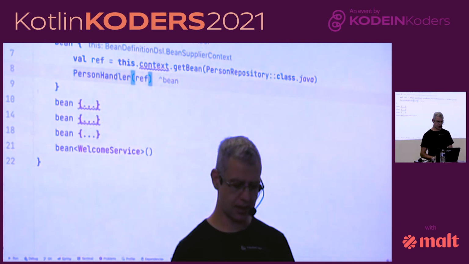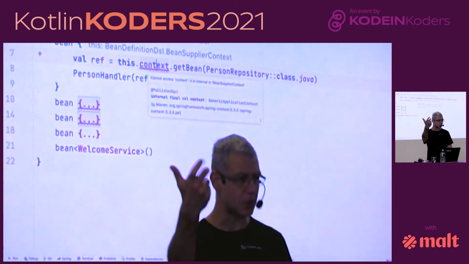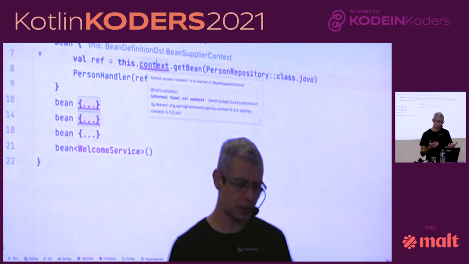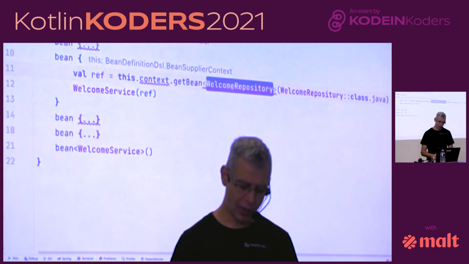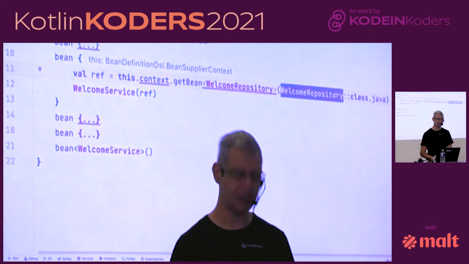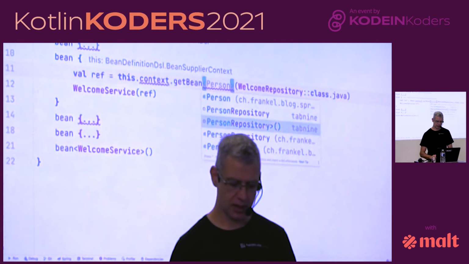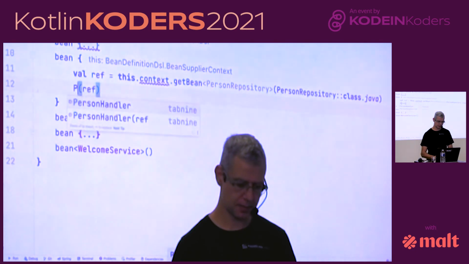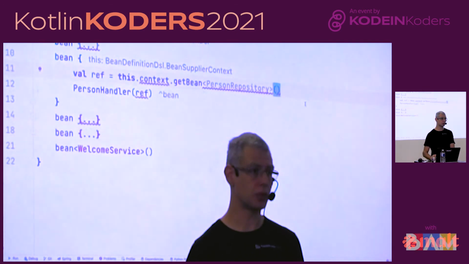The problem here, of course, is that it tells me, hey, you cannot access context because it's an internal implementation, but here I'm doing it explicitly. That would also work. The next step is, why are we passing this class here? Because what we could do actually in Kotlin is we could do something like this. We could.